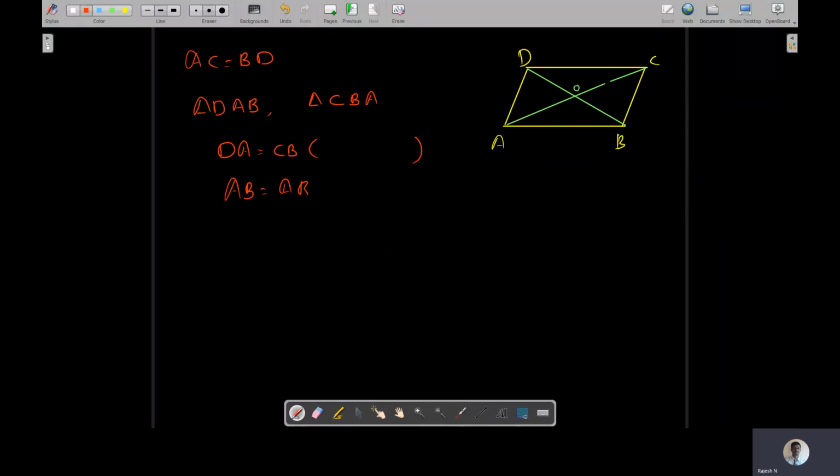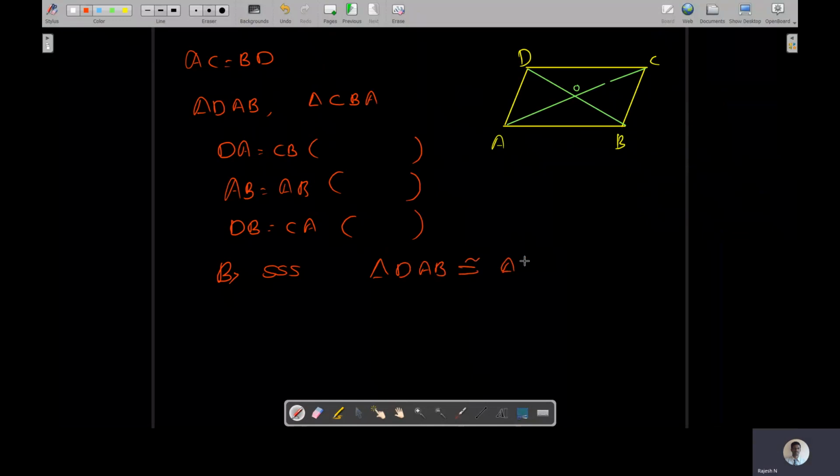AB is equal to AB. The reason: common. Next, DB is equal to CA, given. Therefore, by which rule? By the SSS congruence rule, triangle DAB is congruent to triangle CBA.